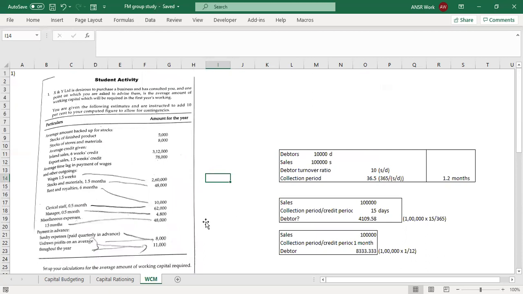Yes. 260 into 1.5 by 52. By 52, yes. Yeah, it's 7,500 only. I think that 6 got missed in my slight mistake probably. Yeah, no problem. Stocks and materials?